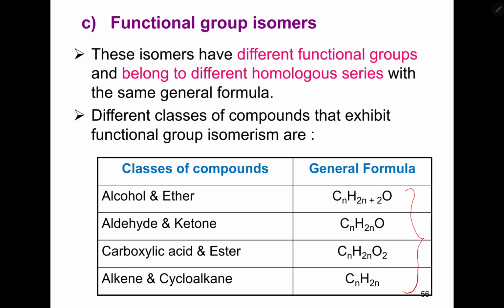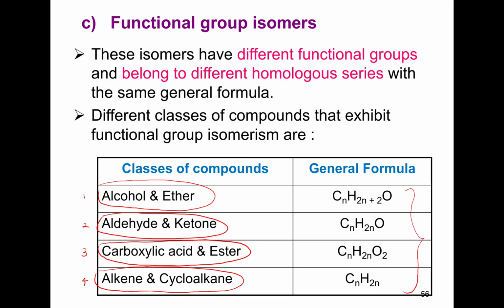So we have 4 pairs here: alcohol and ether, aldehyde and ketone, carboxylic acid and ester, and alkene and cycloalkane. Only these 4 pairs will be involved in functional group isomers.